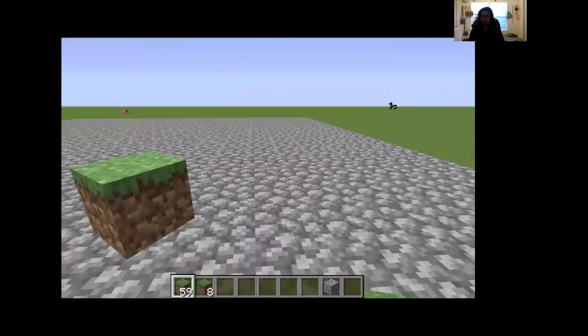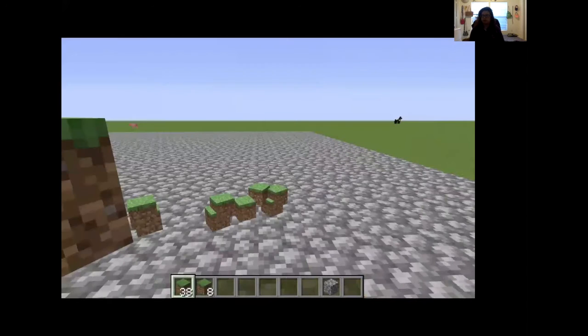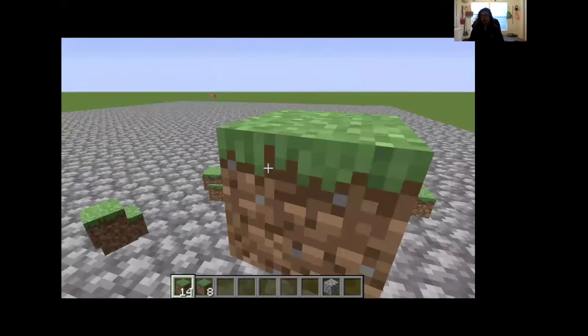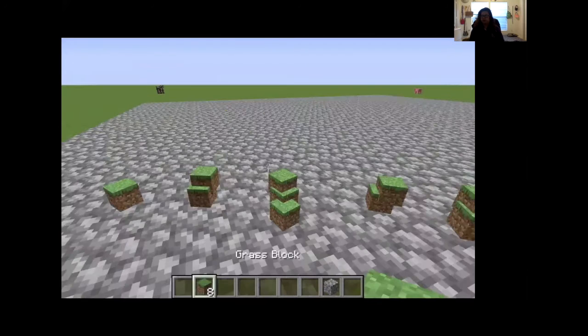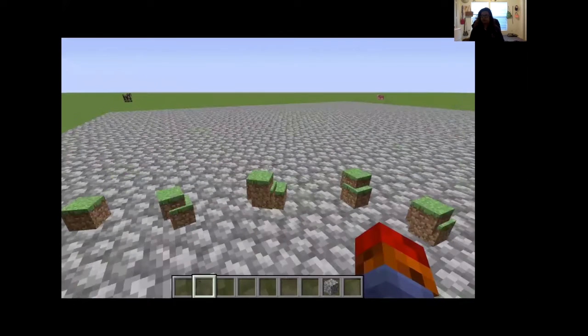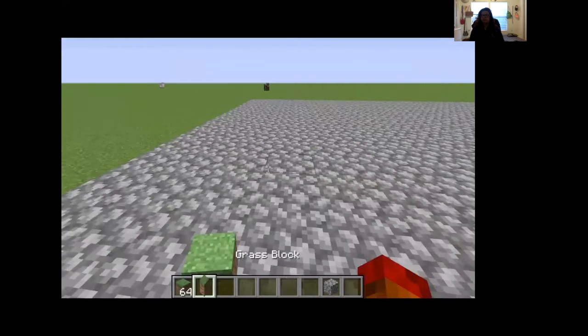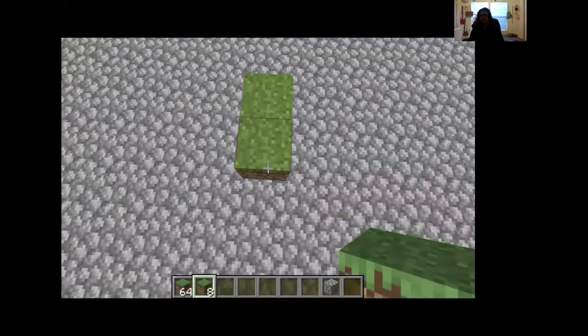So I have a total of 72 grass blocks that I can put down to make this garden. I'm throwing out the grass to show you that I have this certain amount to fill the area. After I throw out all 72, I'm going to pick them up because I need to use them. I'm going to start by making my garden have a length of 8.